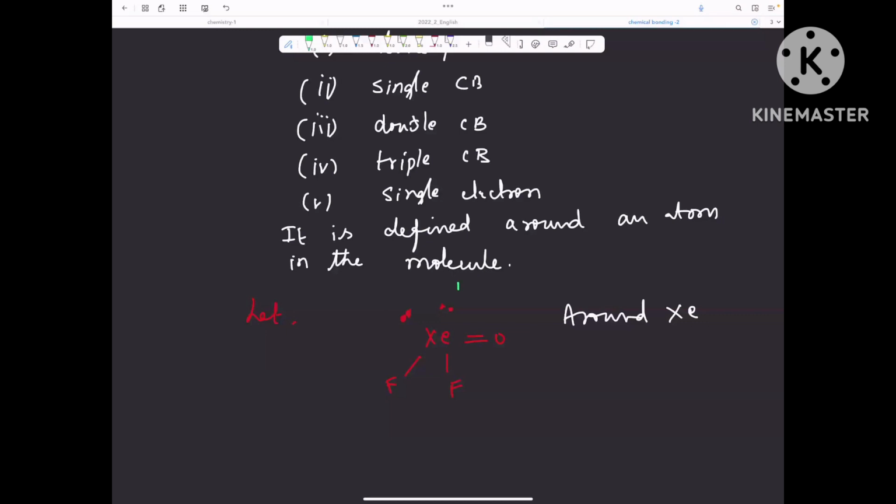One lone pair. This is a second lone pair. This is a single covalent bond. This is a single covalent bond. So it's a 4. This is a double covalent bond, 5.